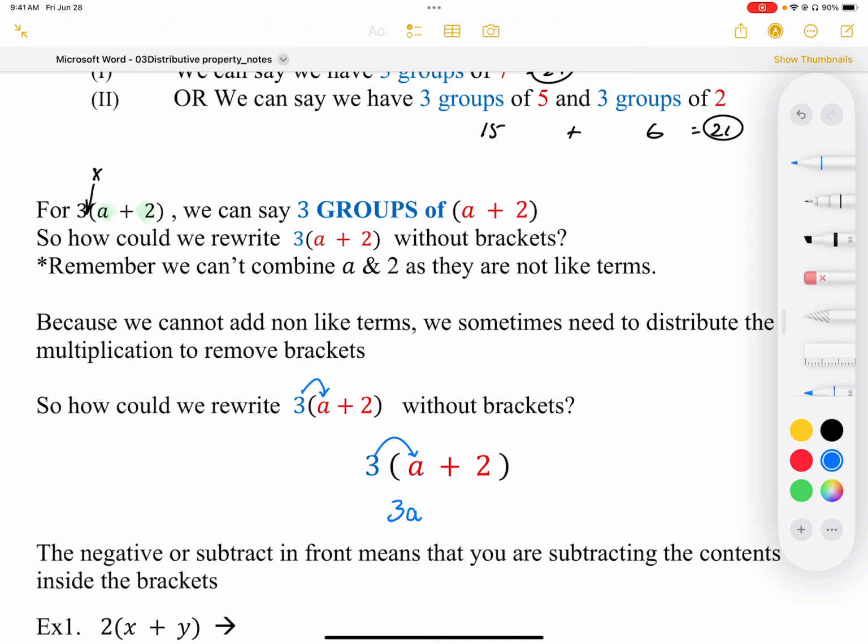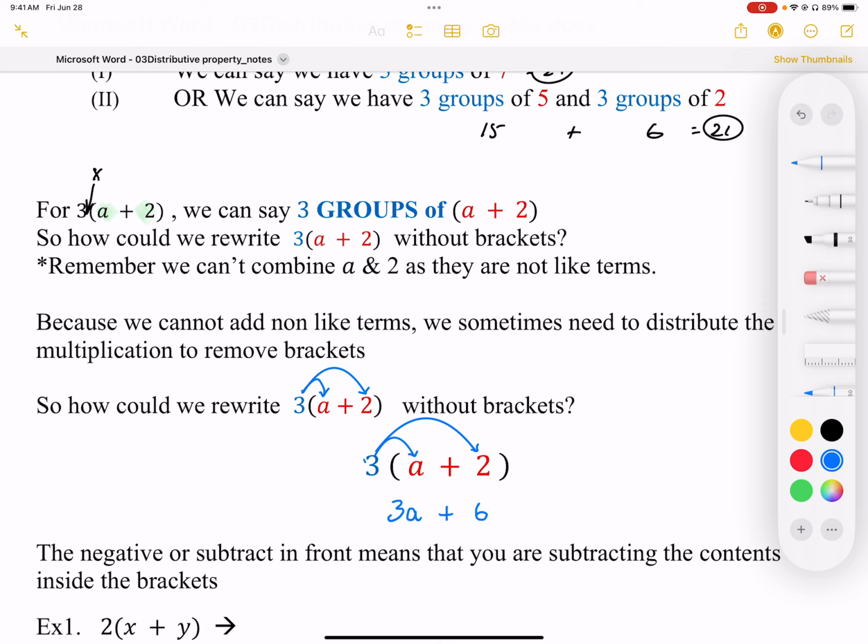So we have 3 a's. We also have 3 groups of 2, or 3 times 2. And since those are not like terms, we're going to count them separately with a plus. 3 groups of 2 gives me 6.